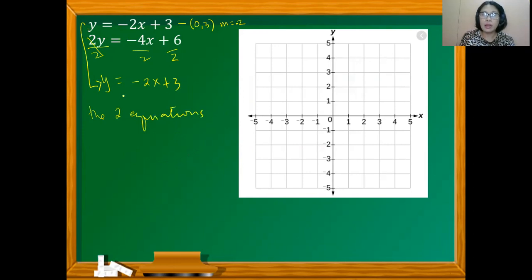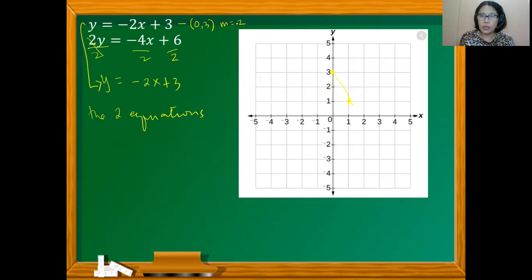If that's the case, then both of these equations would have the same points and would have the same line. So, for example, if we plot (0, 3), and then from the slope negative 2, we will move down by 2 units and then run by 1 unit. So, this is the other point.